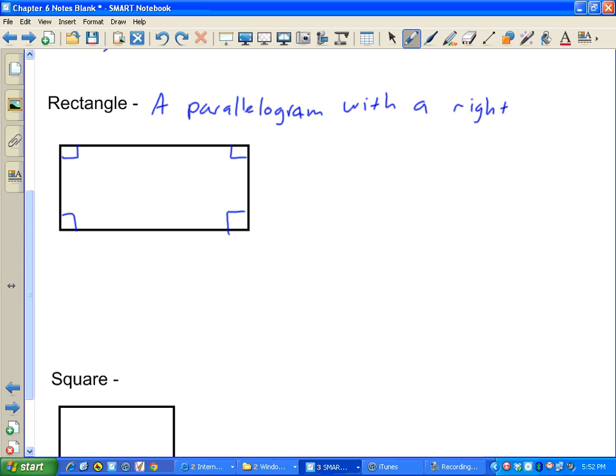Okay, because if you have one right angle in a parallelogram, that means all of them are right angles. So we can put in parentheses under here 4 right angles. Okay, so that's one thing you're going to get. The other thing you're going to get, if I put a diagonal in here, that was not a very good diagonal.